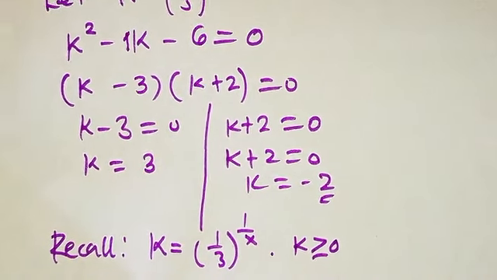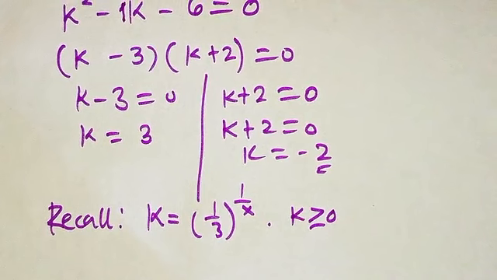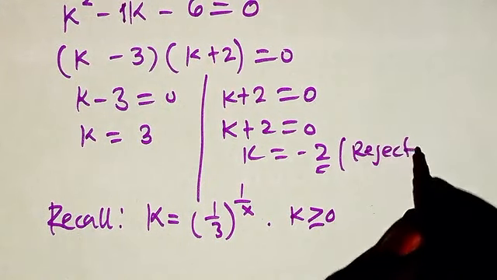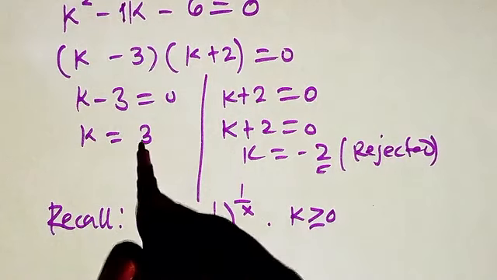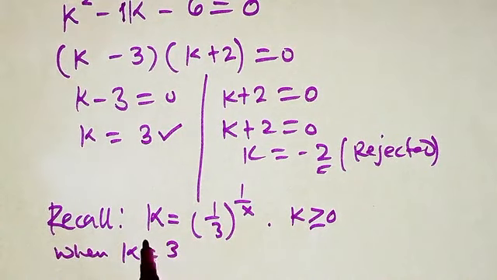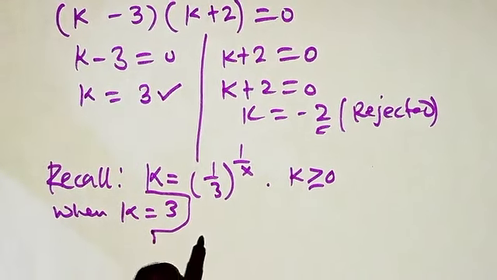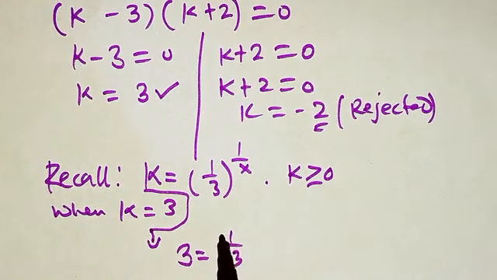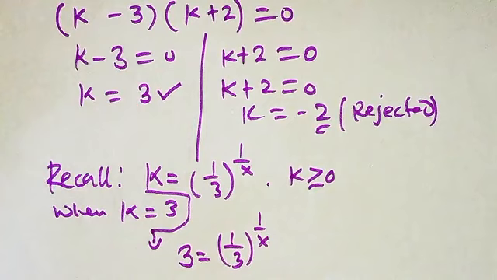So if we want to pick the value of k, k equals minus 2 will be rejected because it is negative, so we pick k equals 3. Replacing k here, we have 3 equals 1 over 3 raised to power 1 over x.